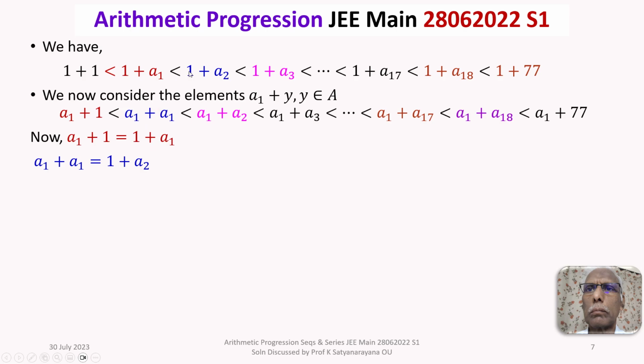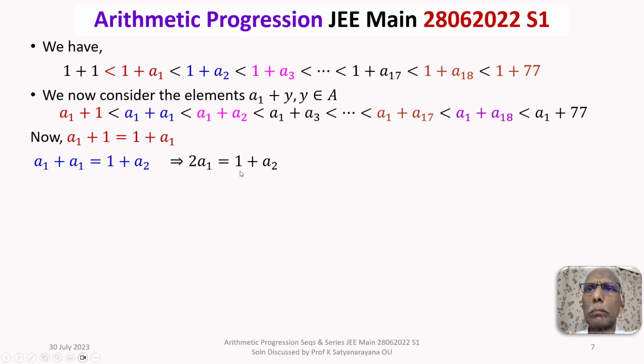Right, because we have told you the remaining elements are none other than these 39 elements only. Now this will imply 2A1 is equal to 1 plus A2. That means A1 is the arithmetic mean of 1 and A2.